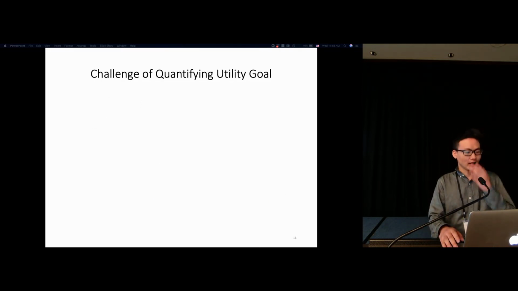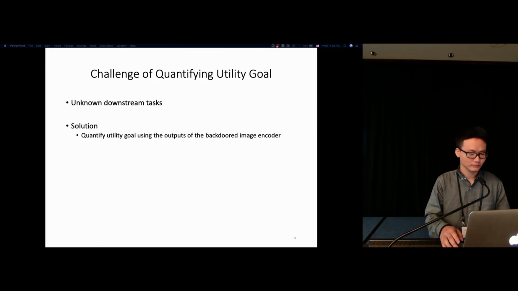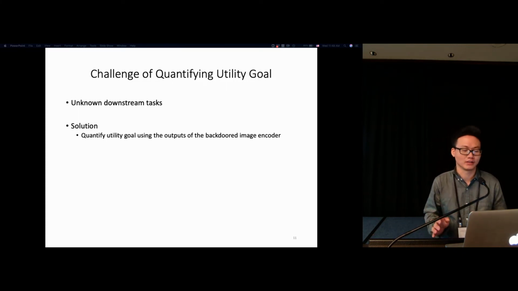The challenge of quantifying the utility goal is that the attacker does not know which downstream tasks the backdoor image encoder will be used for, so it is very challenging to directly quantify the utility goal. To address the challenge, we quantify the utility goal using the outputs of the backdoor image encoder.